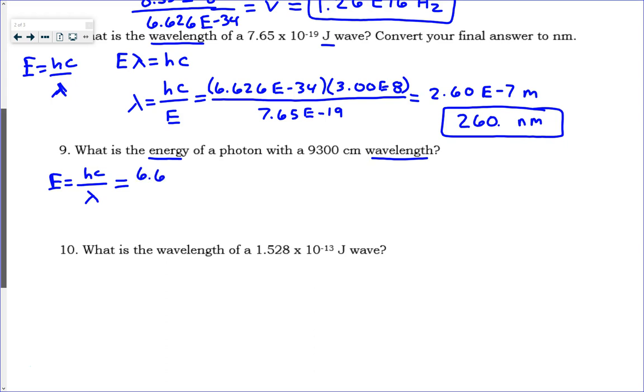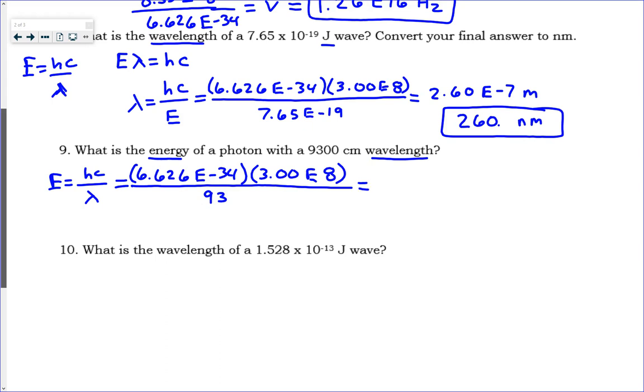H is 6.626 times 10 to the negative 34th. C is 3.00 times 10 to the 8th. And then lambda, we need to have it in meters, so we're going to move the decimal spot over 2 spots from centimeters, and it's just 93 meters, actually.